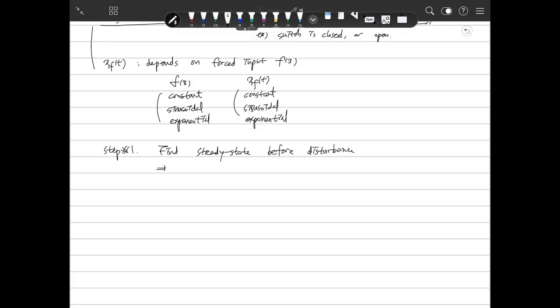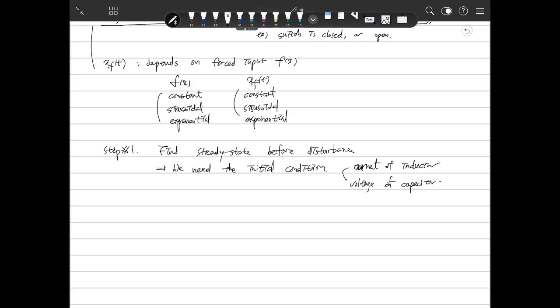Because we need the initial condition. It could be the current of the inductor or the voltage of the capacitor.